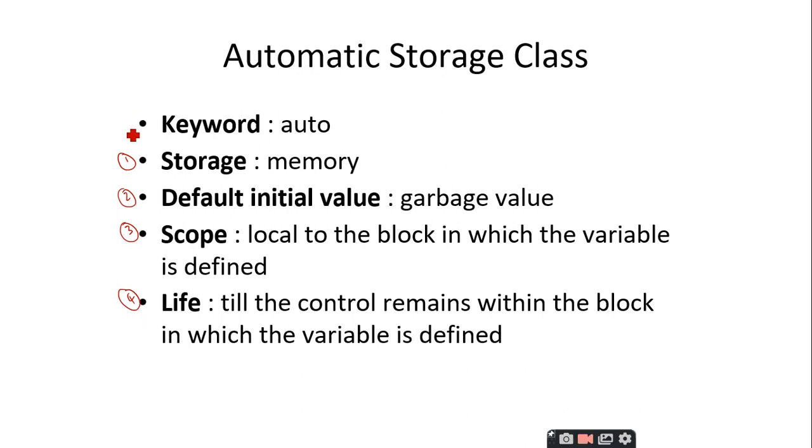In addition to this, we will also discuss the keyword that is used to declare those variables. So for every storage class, automatic, register, static, and external, we will be discussing these 5 points along with a simple program to have a good knowledge of the storage classes, right?